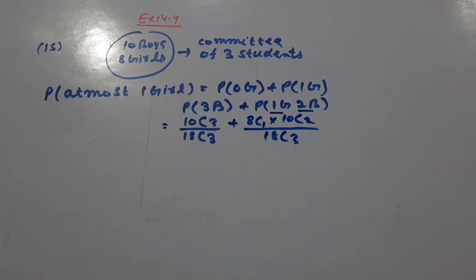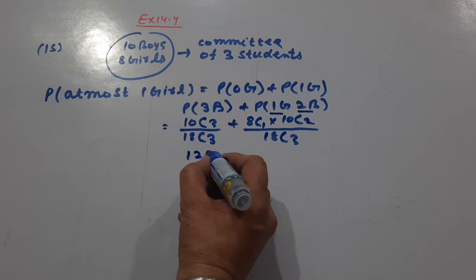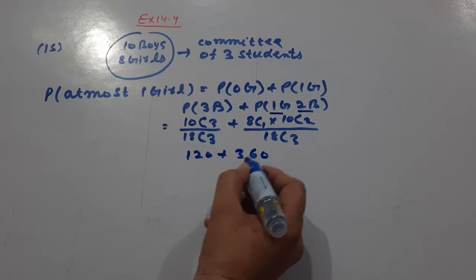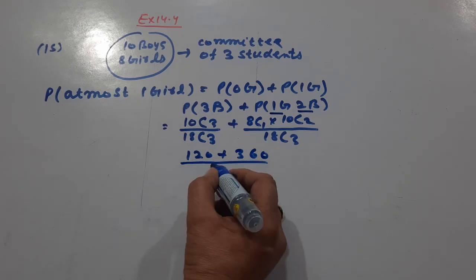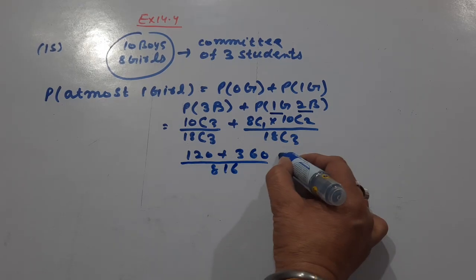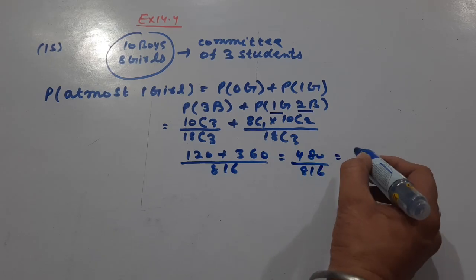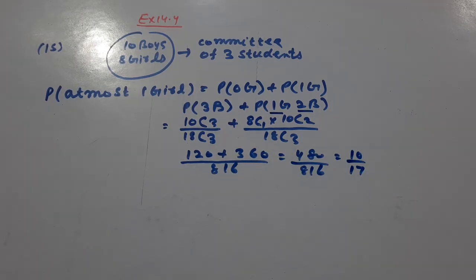Now solving it, this is equal to 120 plus 360 upon 816. So we get 480 upon 816, and on simplifying it we get 10 by 17. So the answer is 10 by 17. Students, I hope this question is clear to you.